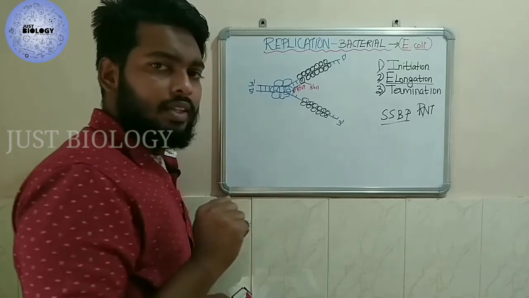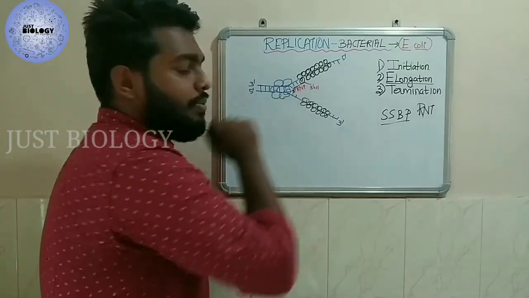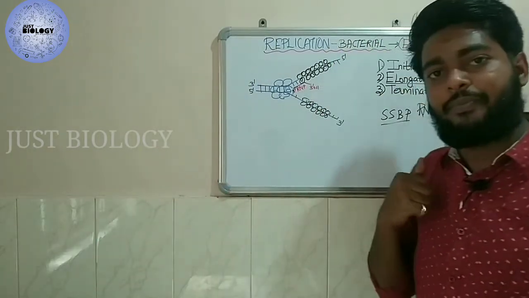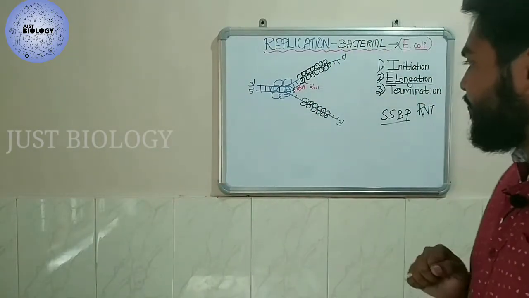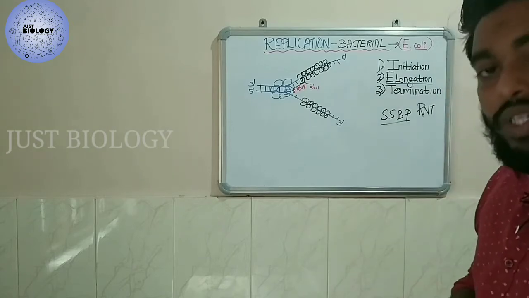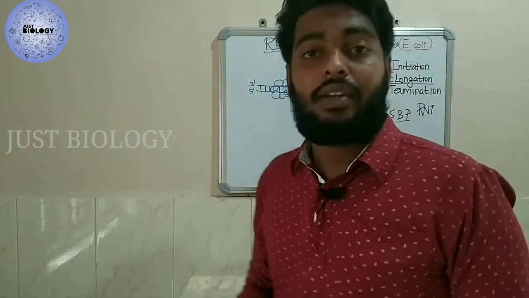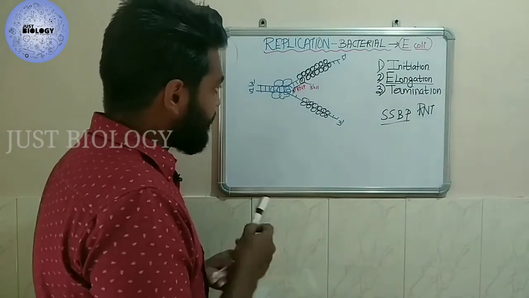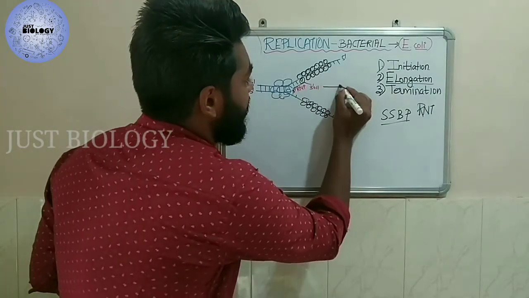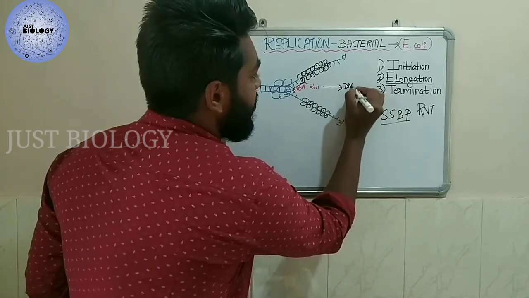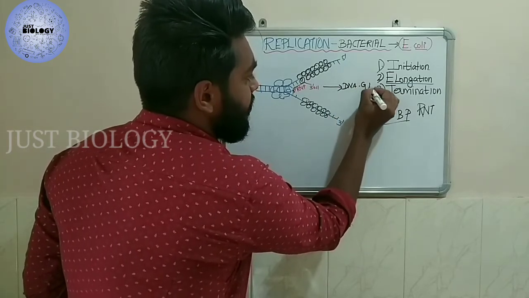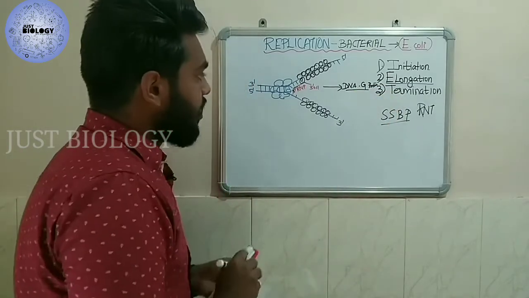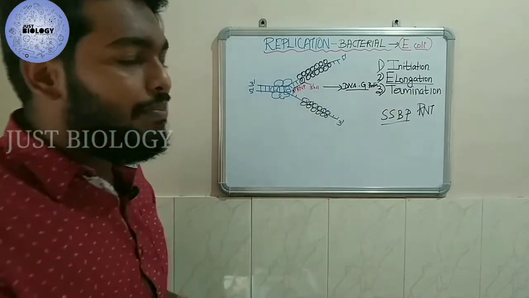Now the question is, who will give the RNA primer, or how is the RNA primer formed during this stage? There is a protein which synthesizes the RNA primer inside the cell. The protein which helps to synthesize the RNA primer is the DnaG protein.